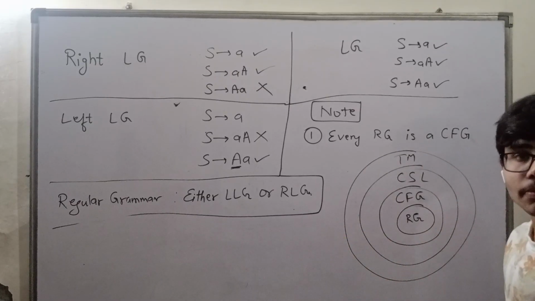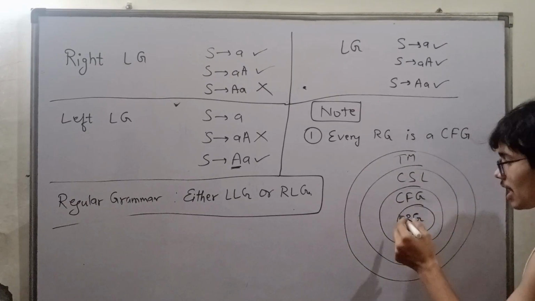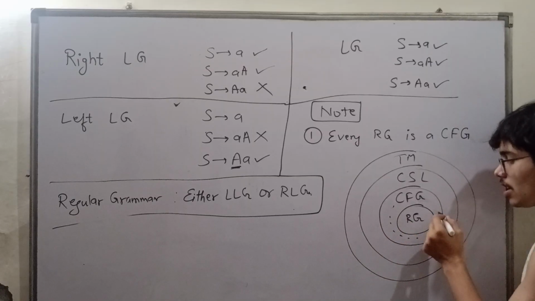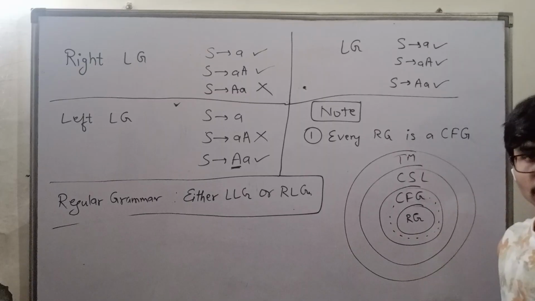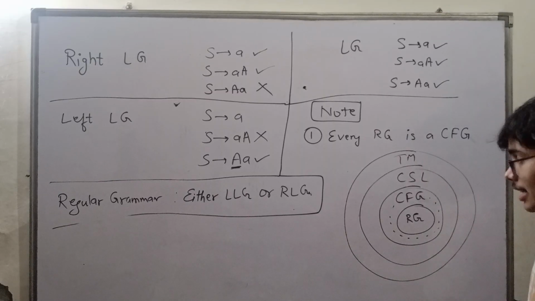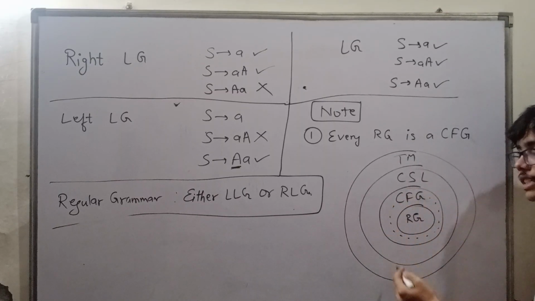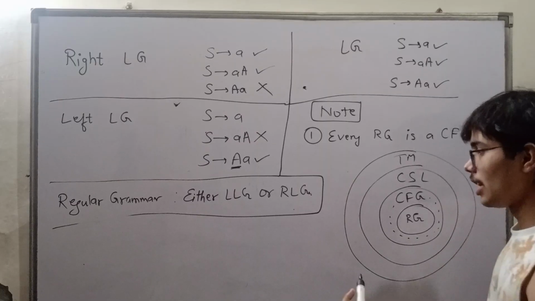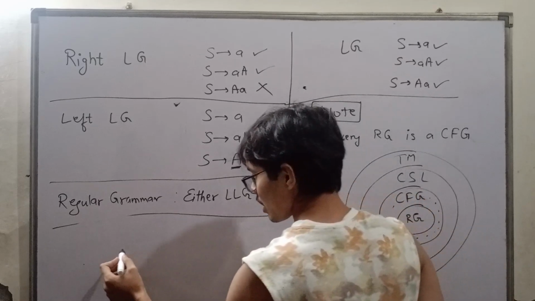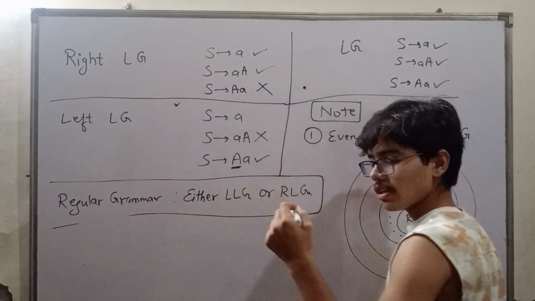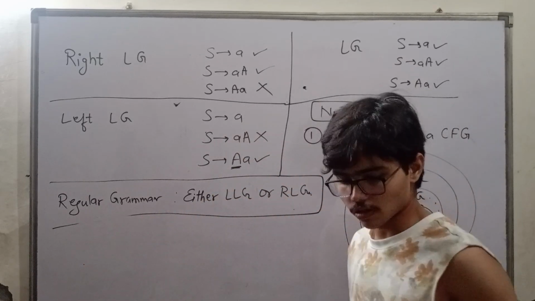But tell me, what are the extra languages which are not accepted by regular grammar? You have to tell me what extra languages are not accepted by this. So let's talk about this.